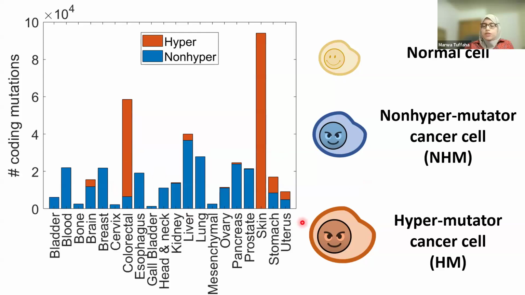And this is the distribution across tissues. I will be using these colors across a few slides. Yellow will be for normal cells, evil faces will be for cancer cells, blue for non-hypermutators, and red for hypermutators.